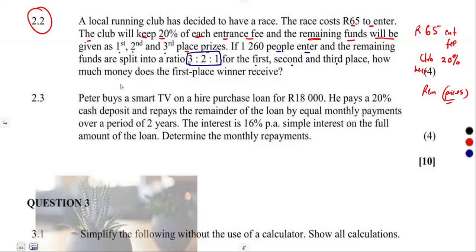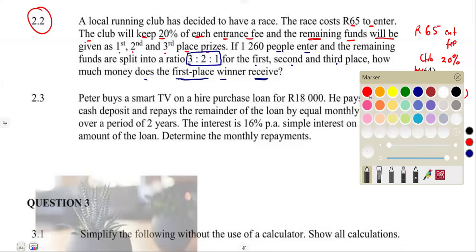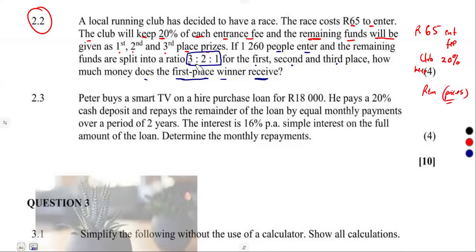How much money does the first place winner receive? So before we consider that ratio, because that is what you're given in terms of sharing these funds, they are shared in the ratio of 3 as to 2 as to 1.